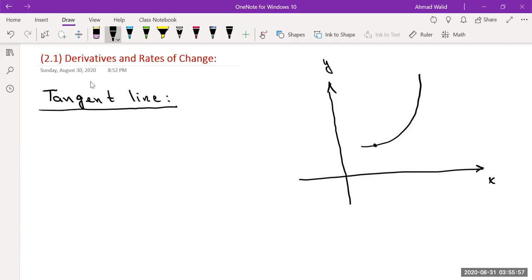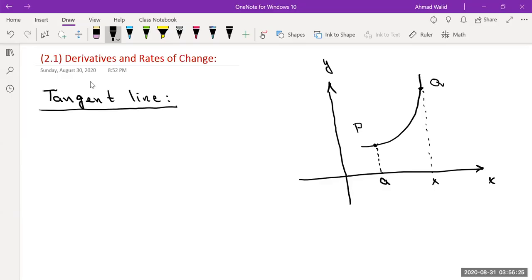We named this point P, and we choose another point and we named it Q, remember? With a slight difference, I'll name the coordinate of this point on X as A, and the coordinate of Q on X, X.